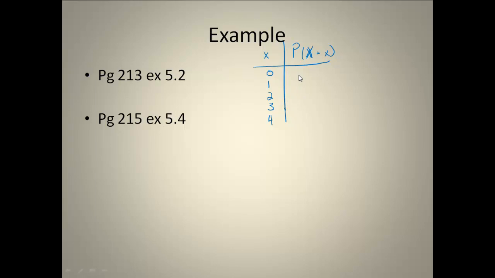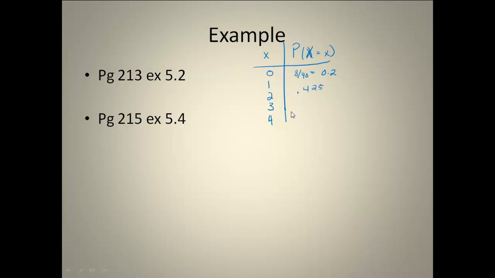So our probability of having 0 siblings is going to be 8 out of 40, because there are 8 people that had 0 siblings and 40 of them that they surveyed. That ends up being 0.2. Probability of having 1 sibling would be 17 out of 40, which ends up being 0.425.